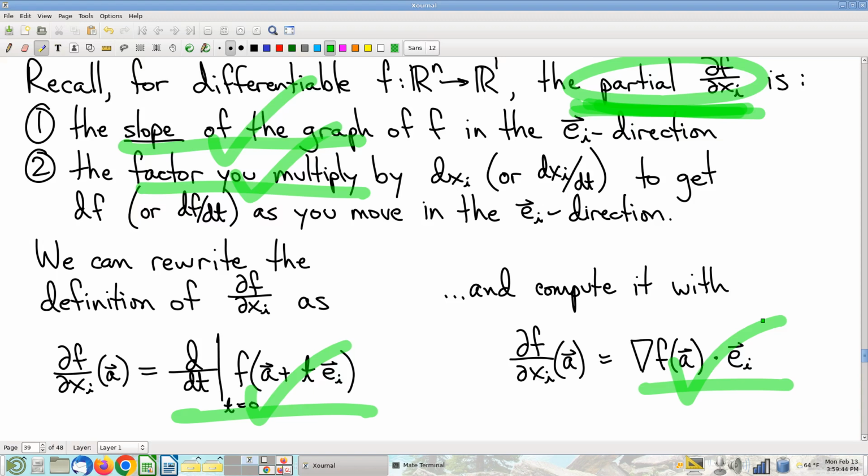For example, in this room right here, we could talk about the temperature function. And I could say that's X, that's Y, that's Z, and let's have temperature be a function of X, Y, Z. But I don't have to. I can just say, look, temperature is a function of where you are. You pick a point, let's say right here. At that point, there's a temperature. I don't need the coordinates. I just need a thermometer. And I can measure the temperature anywhere in this room, coordinate-free. Does that make sense?